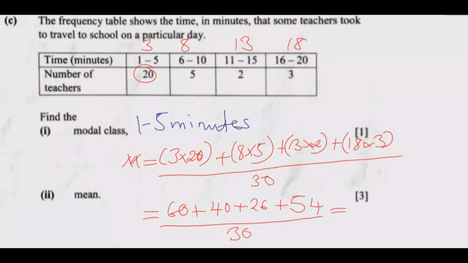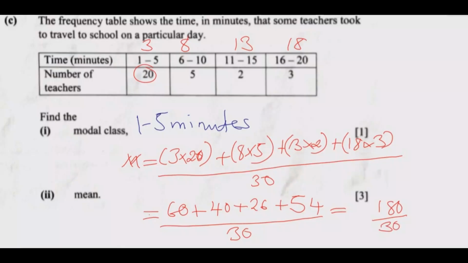Okay? Then we say 60 plus 40, 100. 100 plus 26 will give us 126, plus 54 will give us 180. The 180 divided by 30.